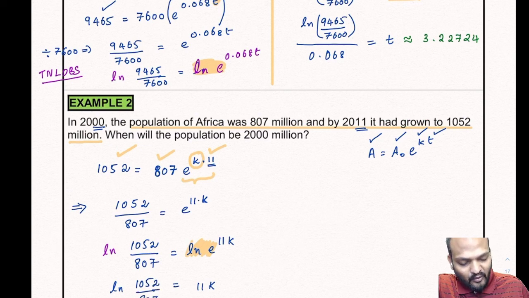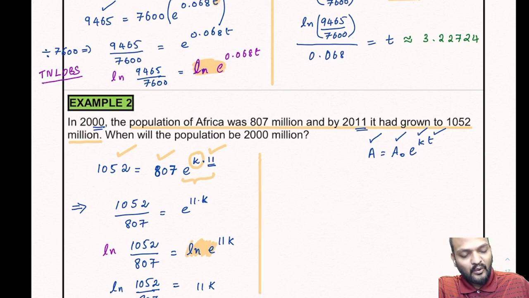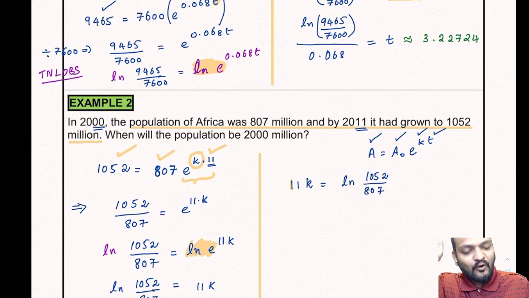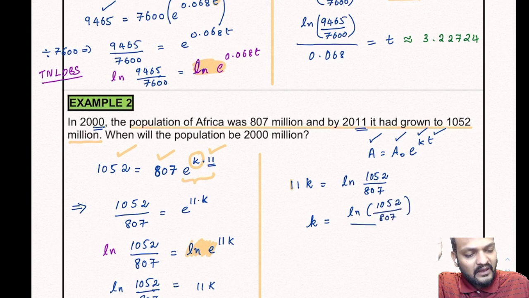There is nothing wrong in computing right away, but I'm not going to do that. I'm going to do that in the next step. So how do I do that? This tells me my 11k, ladies and gentlemen, 11k is equal to ln of 1052 divided by 807. And so therefore, k, the growth rate, equals ln of 1052 divided by 807, and the whole thing is divided by 11.